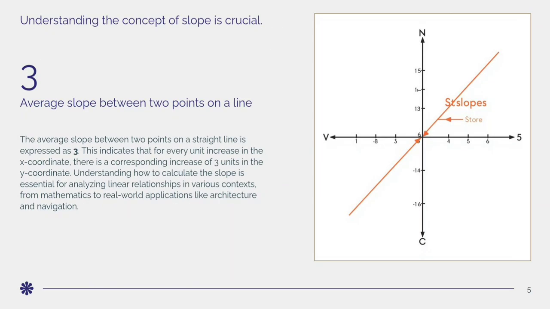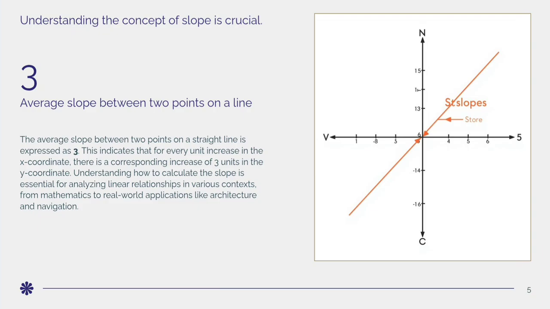Here we see a graph showing the average slope between 2 points on a line. Understanding the concept of slope is crucial. Here we explain in detail. The average slope between 2 points on the straight line is expressed as 3.